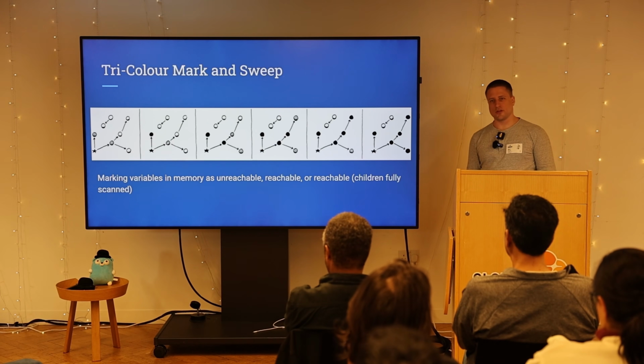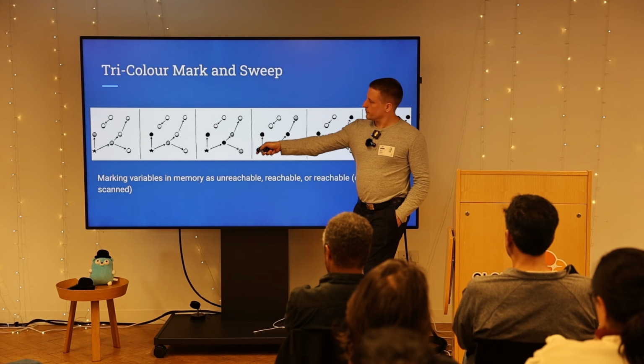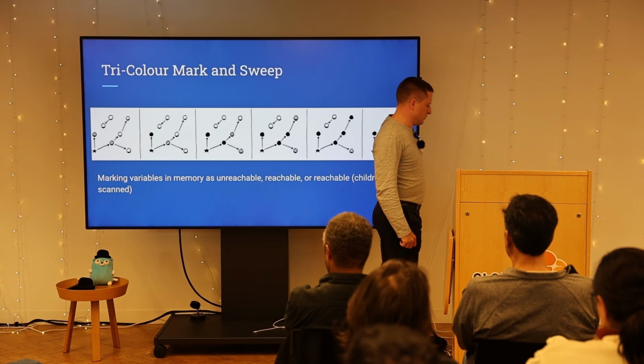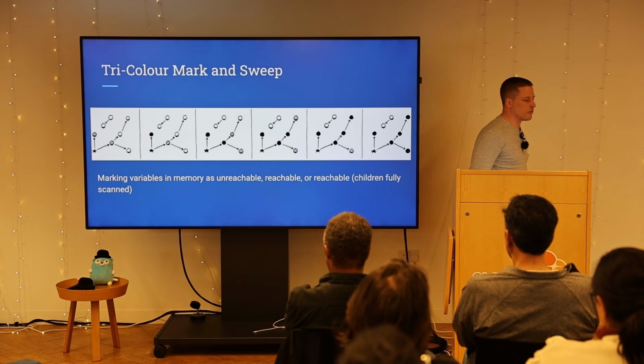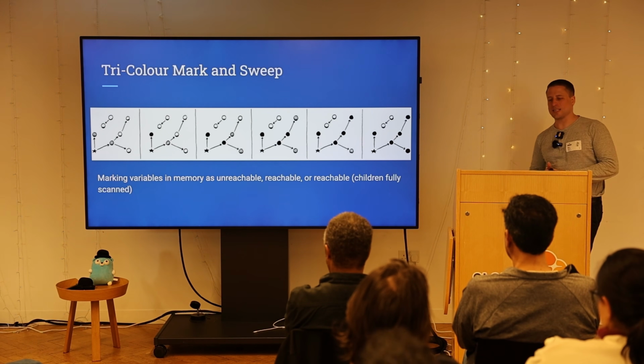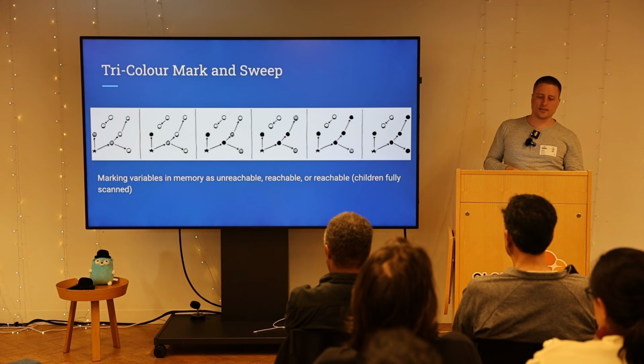Once it's been identified what the root nodes actually are, such as this little star down here, they then get marked. Other objects in memory get marked in 3 colours, so they all start off as white. Basically, by the end of the process, if something's still white, that means it's going to get deleted.